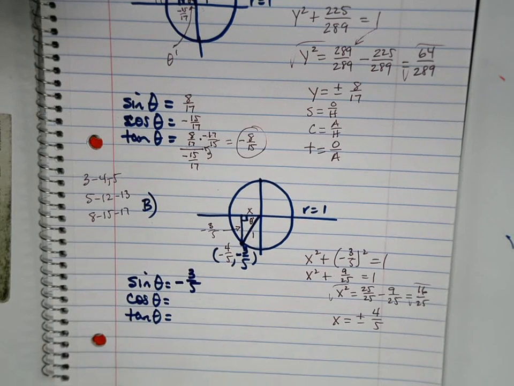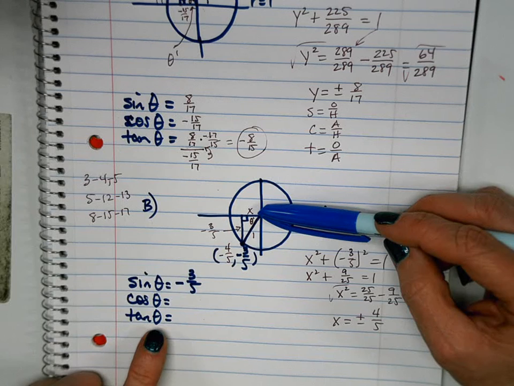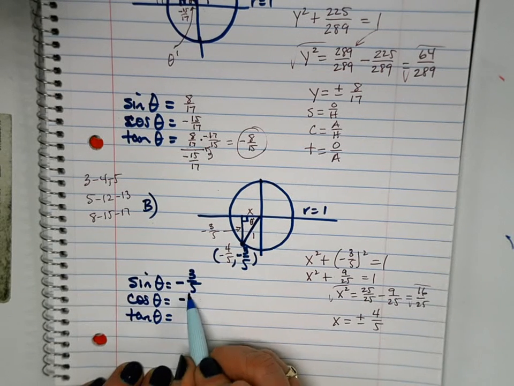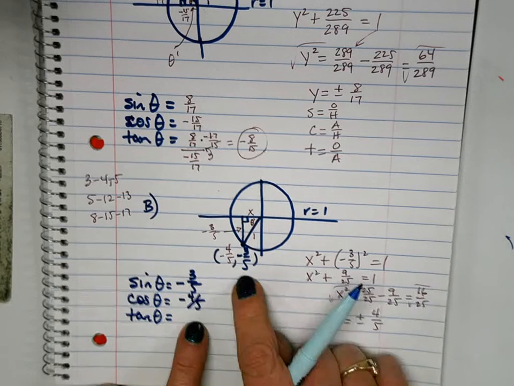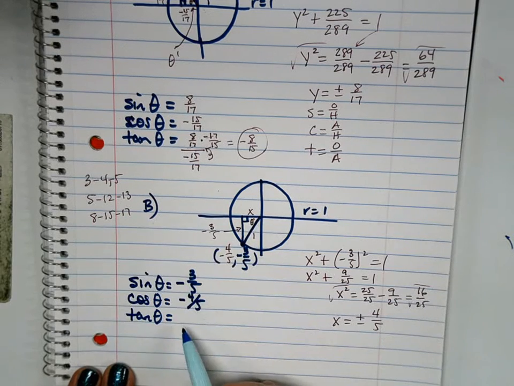Okay? Cosine is the adjacent. What was our x-coordinate here? -4/5. -4/5 over 1. There it is. This is the cosine. This is the sine. Always, in a unit circle.